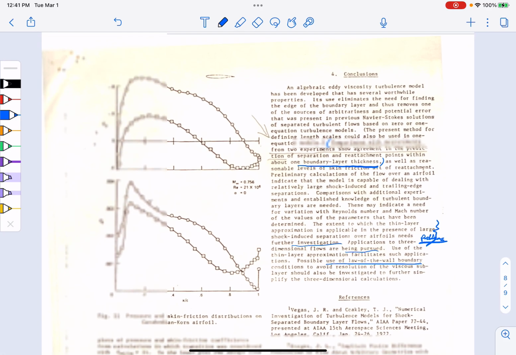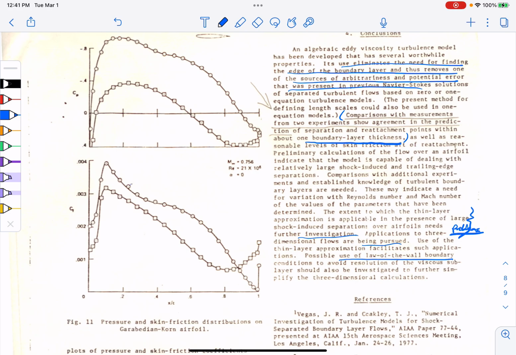But one of the things that this model has problems with, as you can see in the simple case of compression corner and shock on plate, is predicting the region of separation. And why is that? I think one of the clues is it's a one-point model. It means the model has no memory of what happened upstream and downstream.